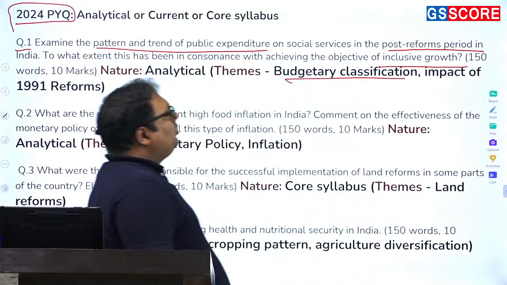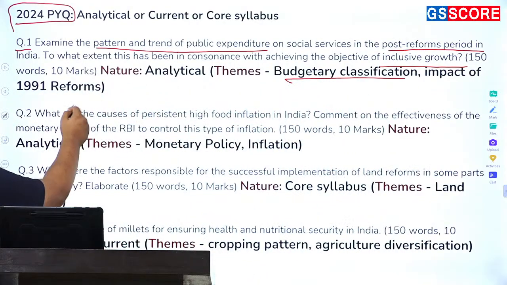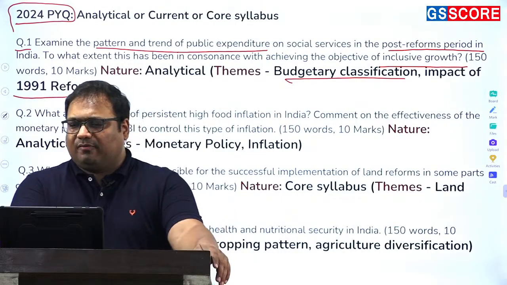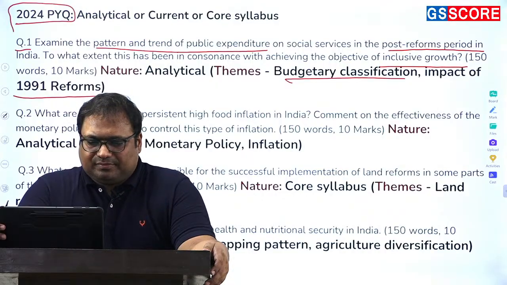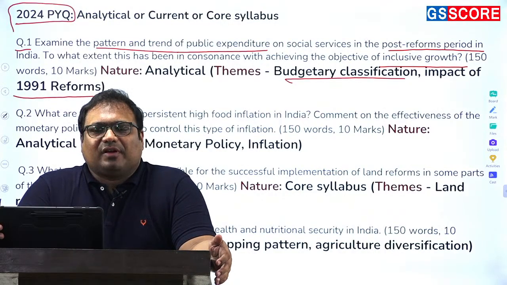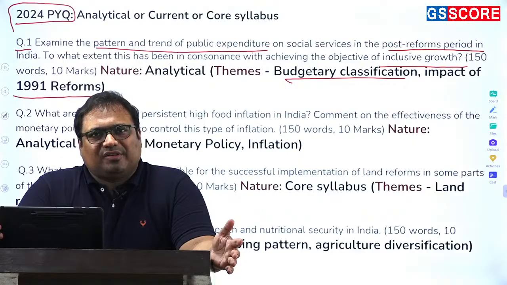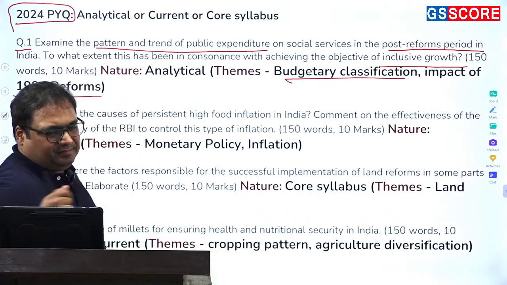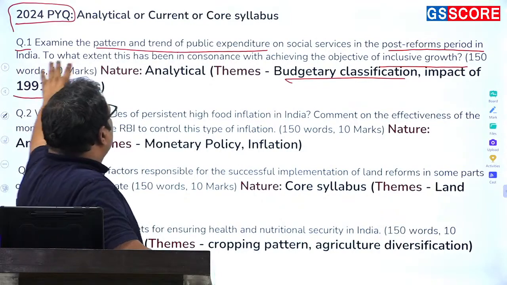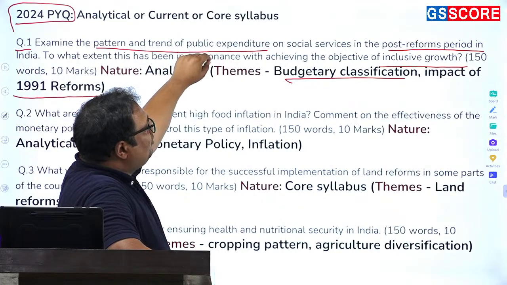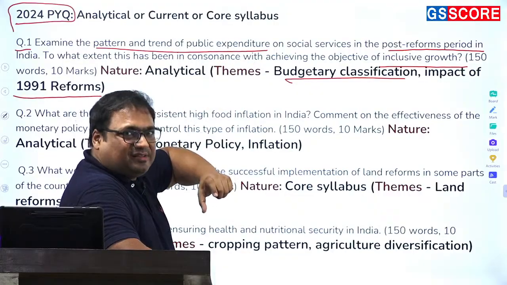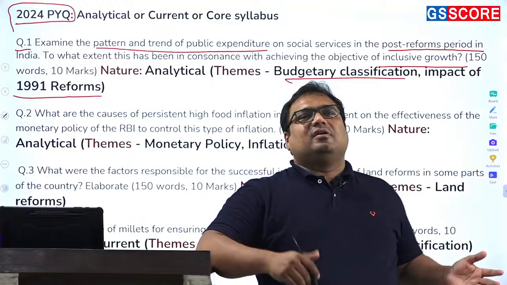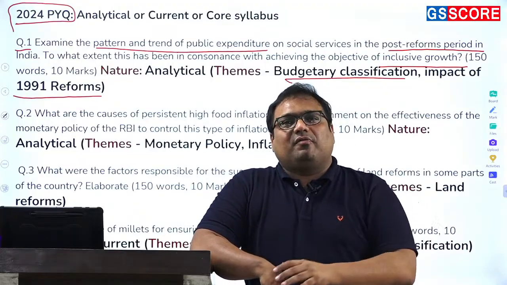Then it is also linked to the impact of the 1991 reforms. How this changed as a part of the 1991 reforms. Are we clear? So in the 1991 reforms, what we did, we reduced the taxes and we tried to broad base our tax base, and we changed the pattern of our expenditure.